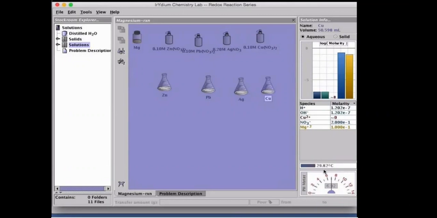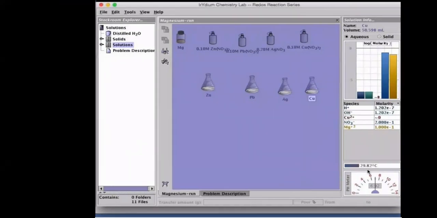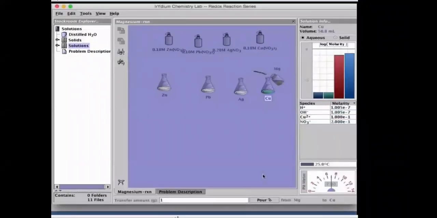Another thing you see, when nothing had been added, what happened? Everything was in the aqueous part. You can see the concentration of copper 2 plus, which was in the aqueous part, and the concentration of the nitrate. It was a positive value.